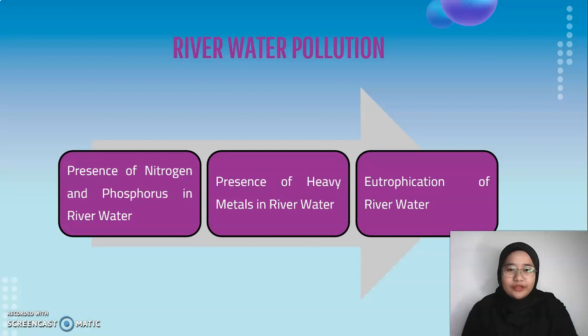Eutrophication of river water: according to O'Hare in 2018, eutrophication is a condition caused by an excess of micronutrients generated from human sources, which results in excessive plant growth and the extinction of less competitive species.